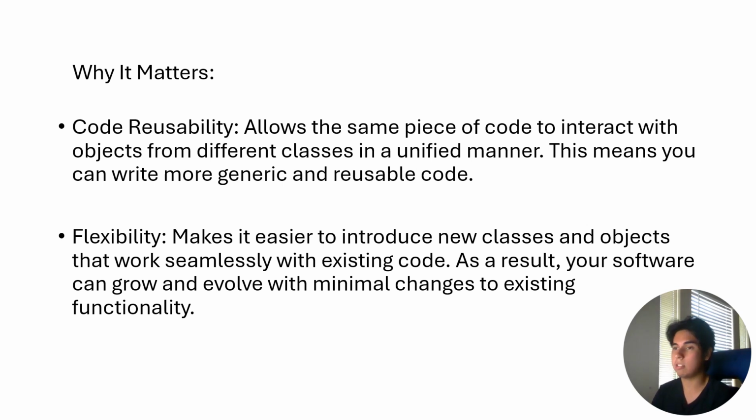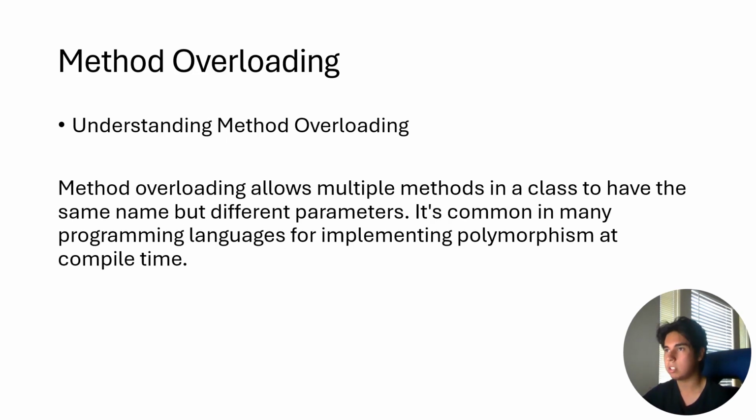Again, this means you can write more generic and reusable code, more simple and straightforward, to be honest. So yeah, flexibility makes it easier to introduce new classes and objects that work seamlessly with existing code. As a result, your software can grow and evolve with minimal changes to existing functionality. So those are some reasons for it.